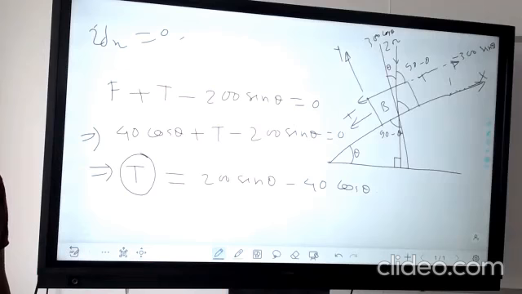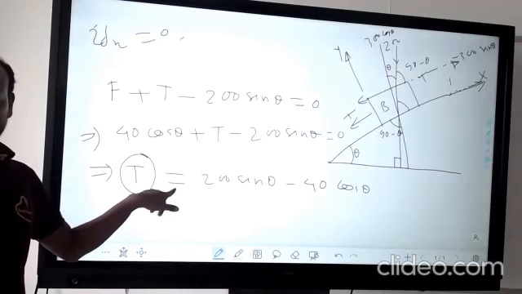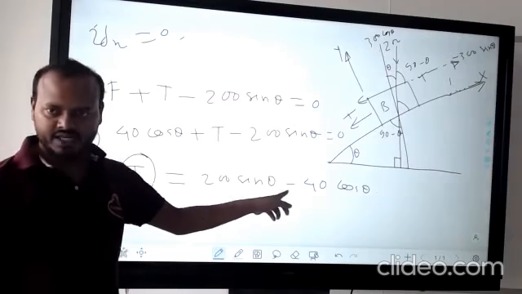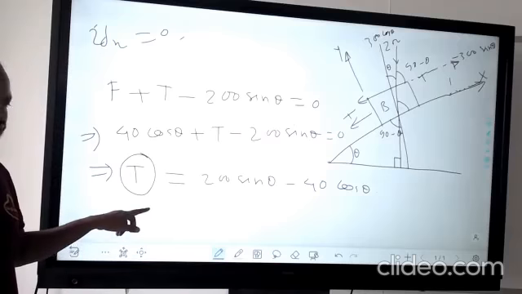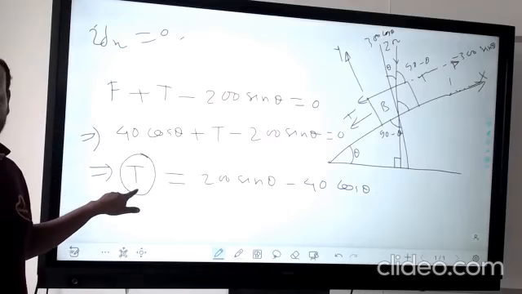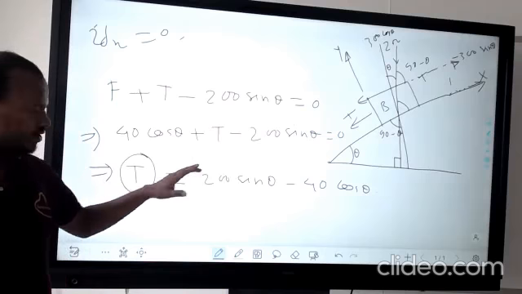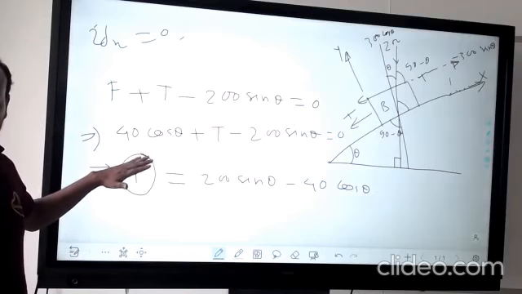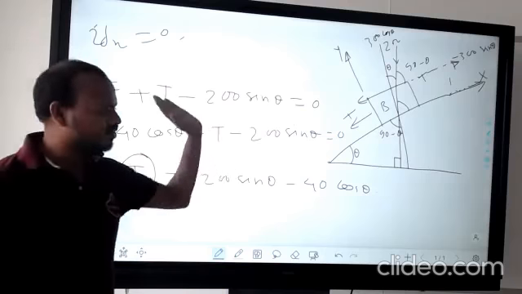Not getting still? Same way you will get another equation for t. This is for block A. In the same way, you will get another equation in terms of t for block B. So this is t and t, same concept. This value is equal to that value.